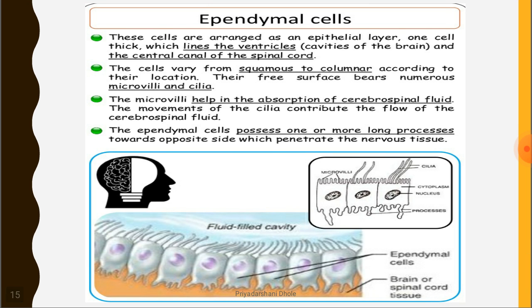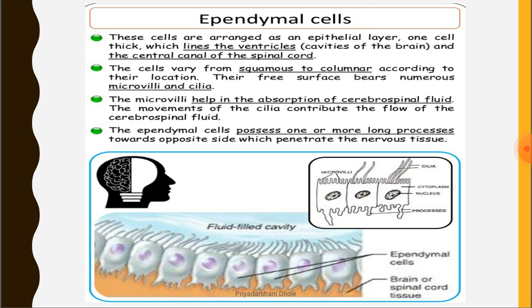In that, first ependymal cells. These cells are arranged as an epithelial layer, one cell thick, which lines the ventricles, which means cavities of the brain, and the central canal of the spinal cord. The cells vary from squamous to columnar according to their location. Their free surface bears numerous microvilli and cilia.